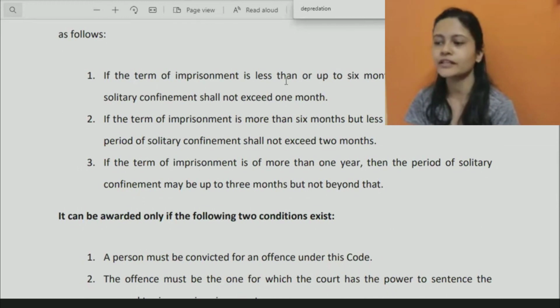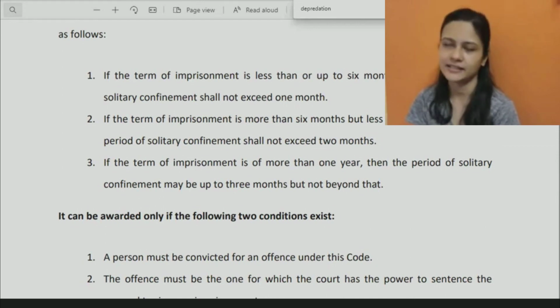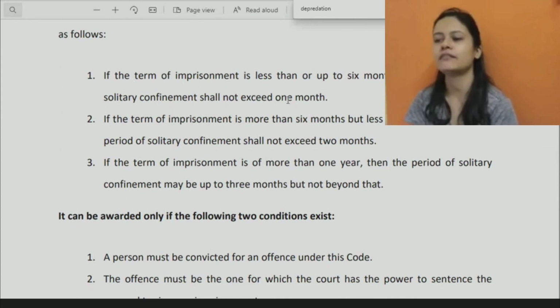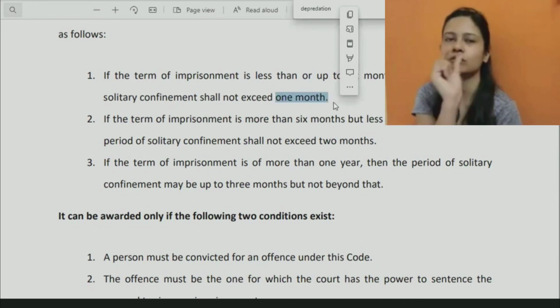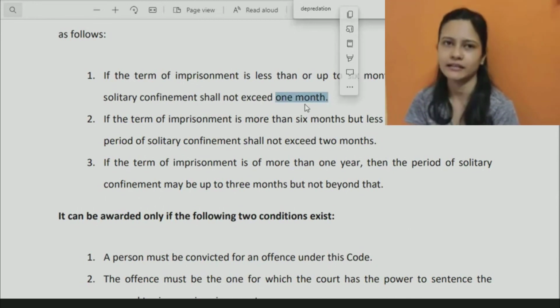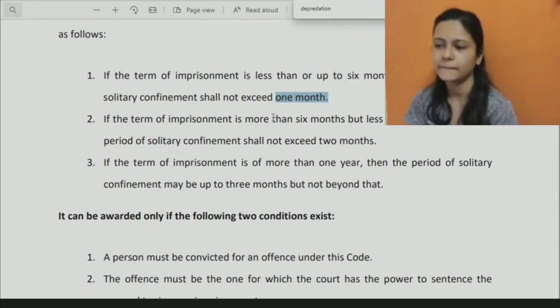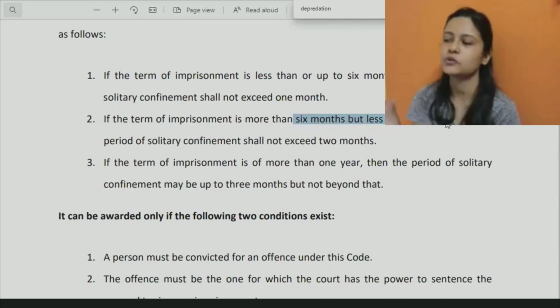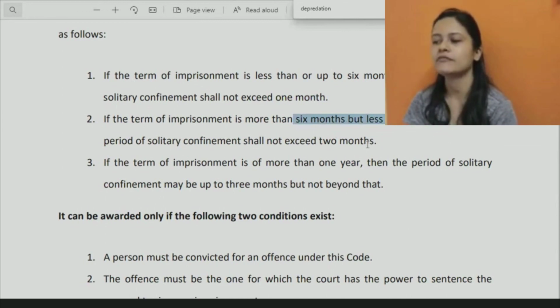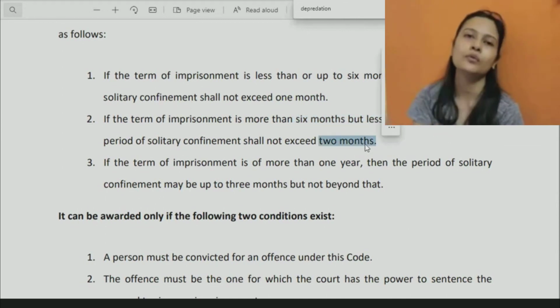So if the term of imprisonment is up to 6 months, then solitary confinement shall not exceed 1 month. Out of 6 months, only 1 month can be solitary confinement, not more than that. If imprisonment is between 6 months to 1 year, solitary confinement can be up to 2 months.